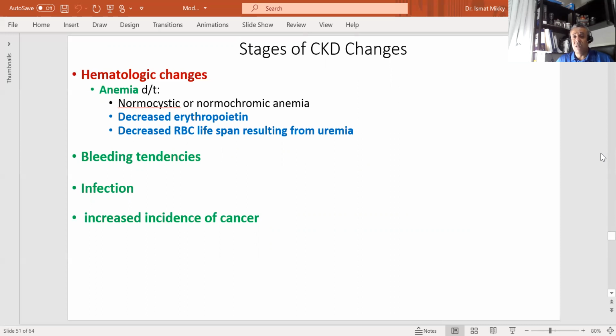That's why patients with kidney failure develop severe anemia, in addition to a bleeding tendency due to a defect in platelet function. They will also be prone to infections because of the suppressed immune system.